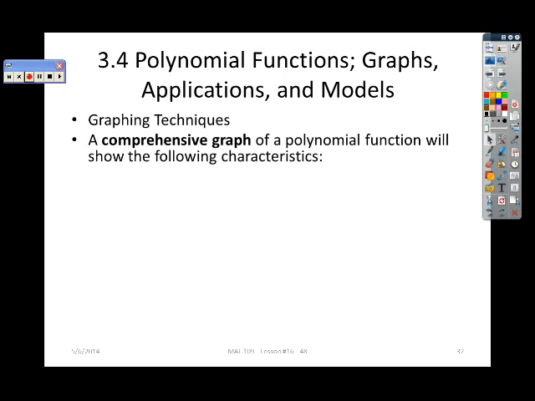All right, if you're trying to graph, if you want a reasonable representation of this graph, it needs to have the following characteristics. It needs to have where it crosses the x-axis. Those zeros, those are very important things about the graph. The y-intercept, that's also useful.